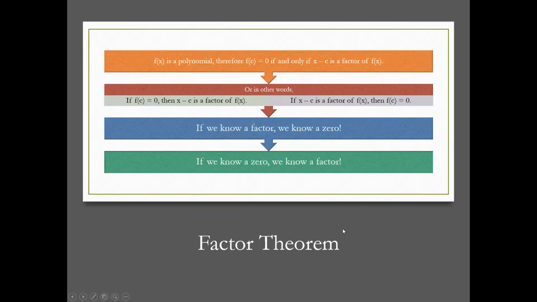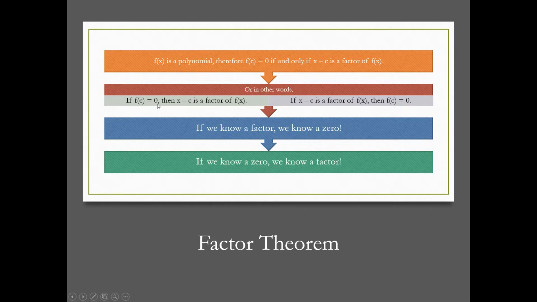Okay, so what does the factor theorem say? It says if f of x is a polynomial, then f of c equals 0 if and only if x minus c is a factor of f of x. Remember when we had instances where we got 0, it was because it divided perfectly, which made it a factor. Or in other words, there's just a different way of saying it.